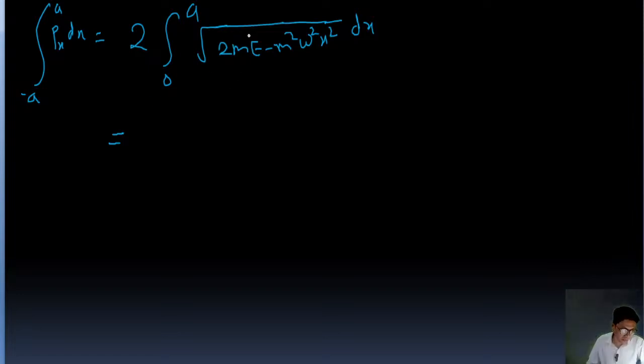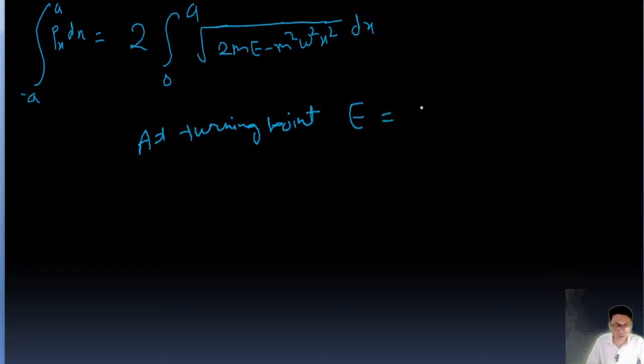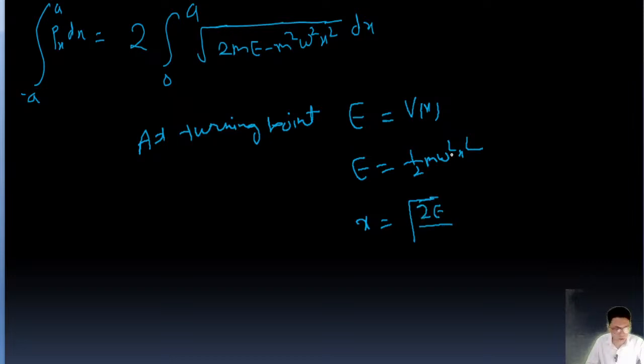So first we'll find the classical turning point. At the turning point, the total energy is equal to the potential energy of the system, okay? So E equal to V of x. Now we'll put the value, so E equal to half m omega square x square. From here the value of x is going to be root 2E upon m omega square.